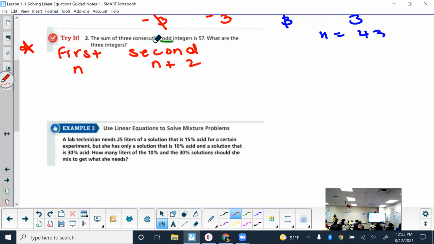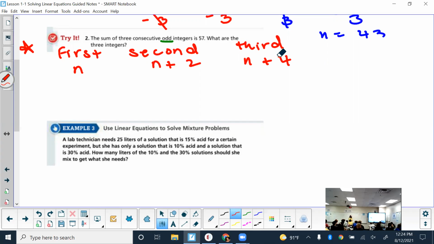Good. So that's my second term. My third term is what? N plus 4. All right, so first term is n, second term is n plus 2, third term is n plus 4.